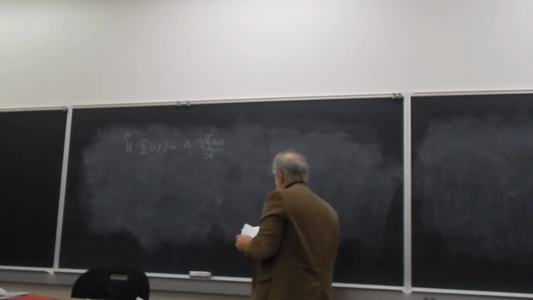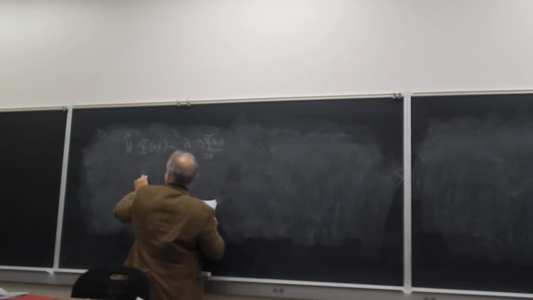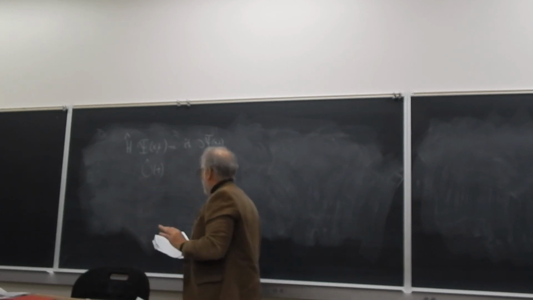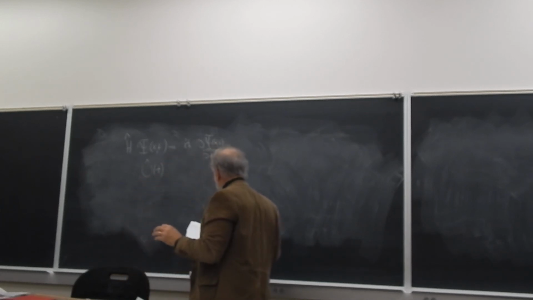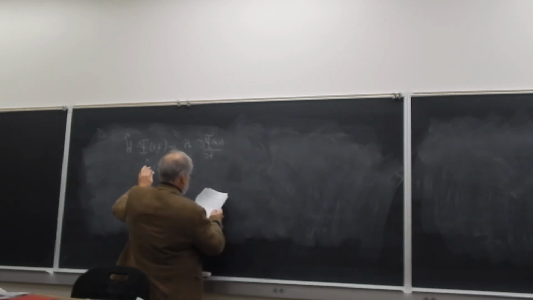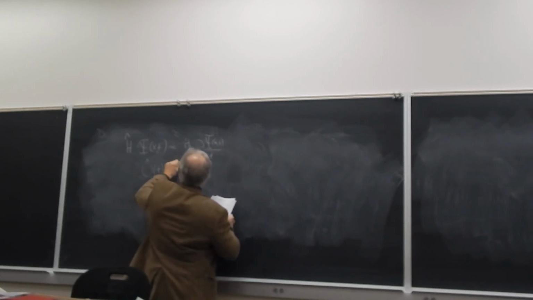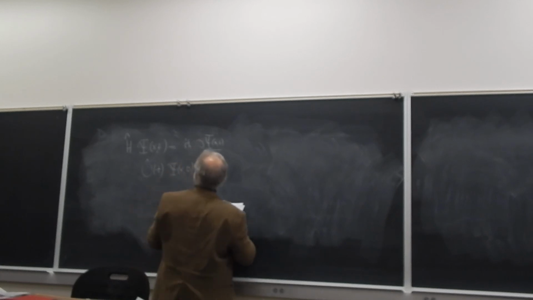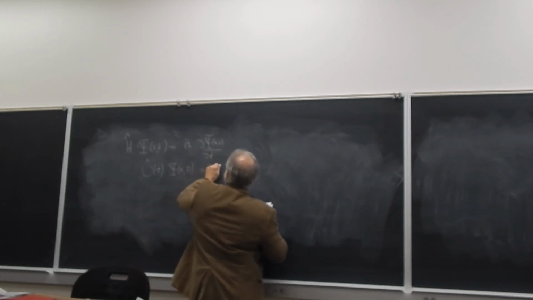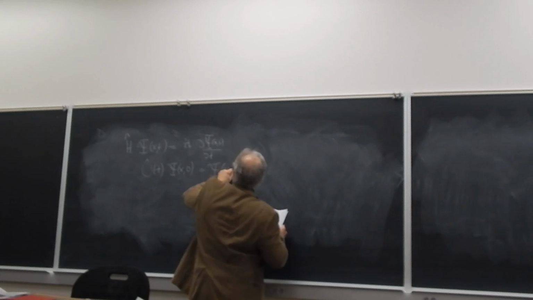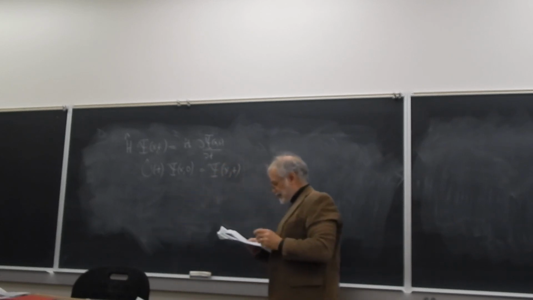Let's define the operator U of t as the operator that propagates psi of x and t forward in time. So such that if I apply U of t to, let's say, psi of x at t equals 0, that will give me psi of x at some time t.